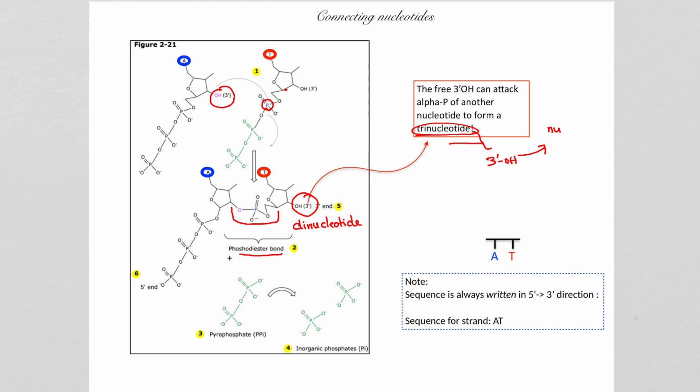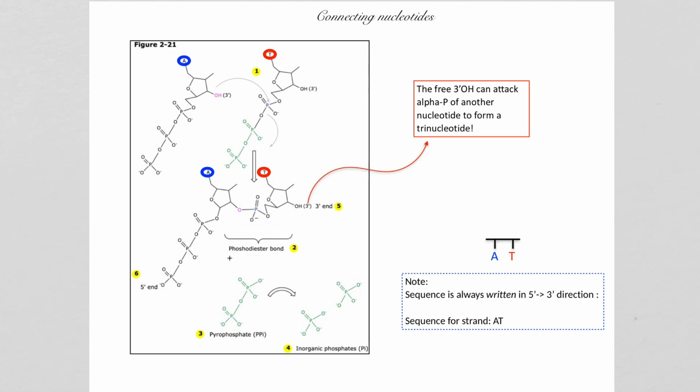And that's how we get long nucleotide polymers that we call nucleic acids. And the two major nucleic acids are DNA, which we'll talk about today, and RNA, which we'll talk about in a future video.